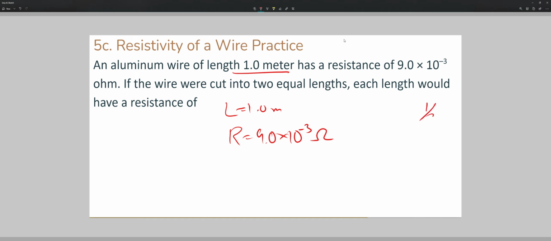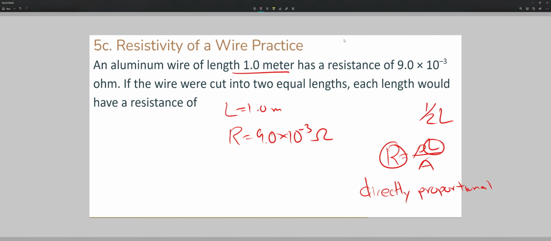So here I'm having my length. But we know from the formula itself that L and R are directly proportional. We know they're both directly proportional because they're both on the numerator. So if one increases by a certain proportion, the other will also increase by the same proportion.